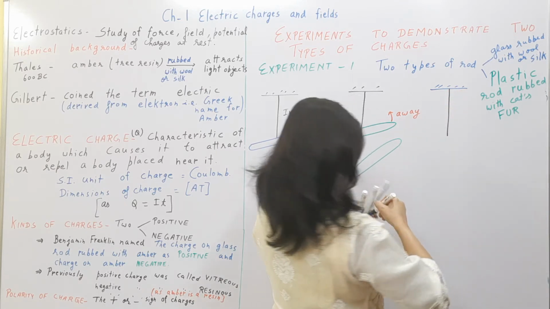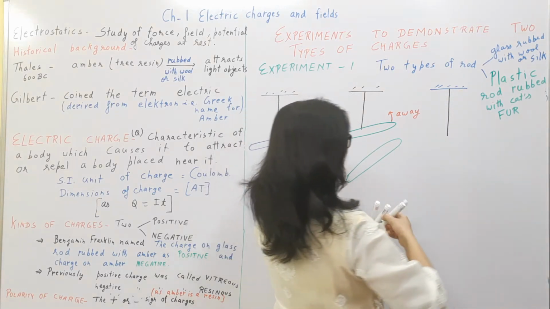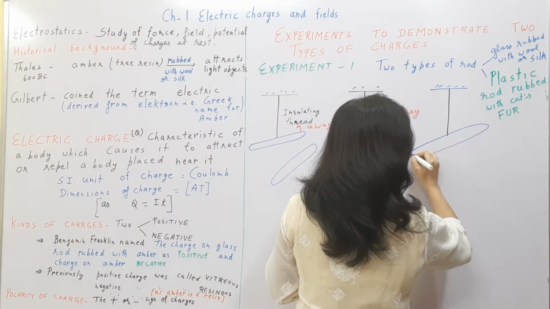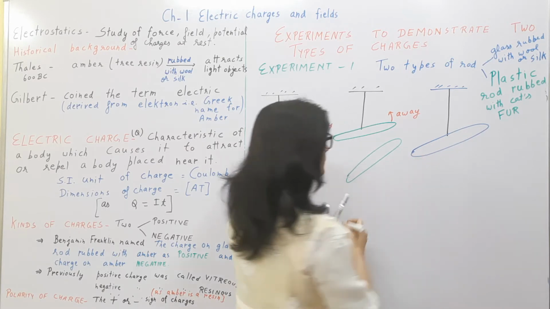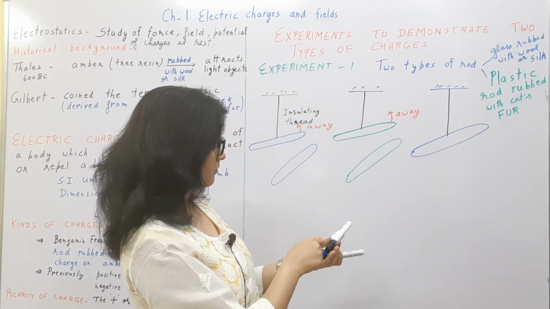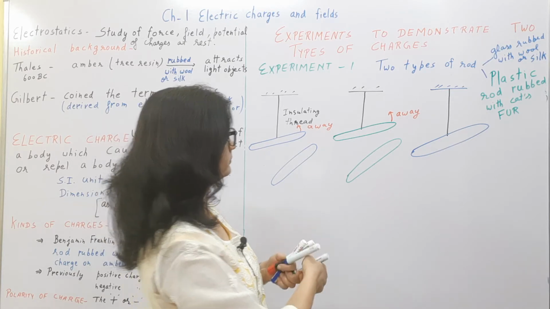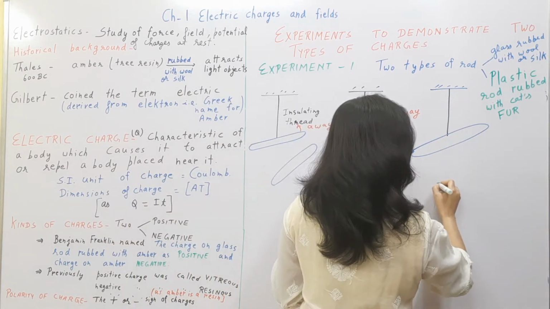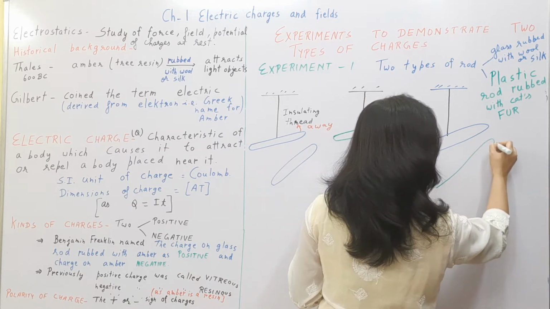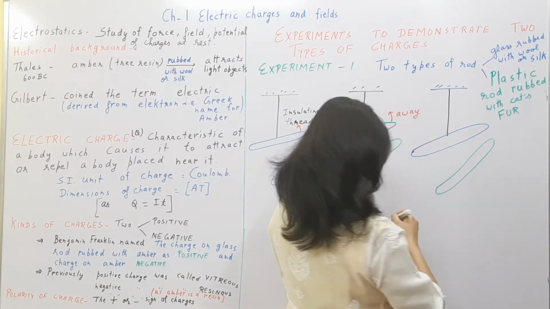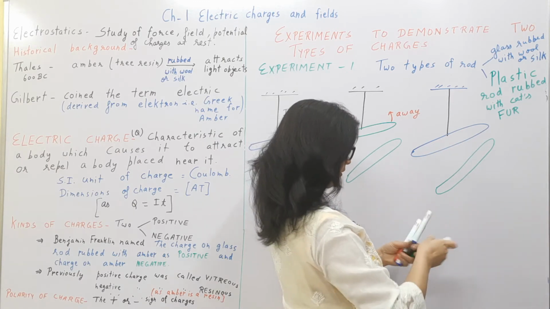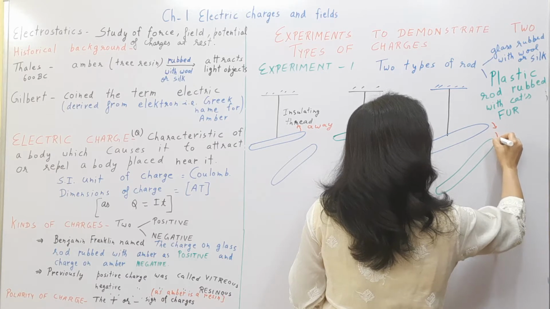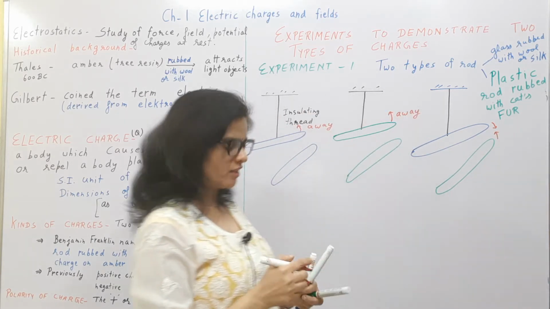Then there was a third case where a glass rod rubbed with wool or silk is tied over here, and a rubber rod which is rubbed with cat's fur is brought near it. So it was observed that these two attract each other.